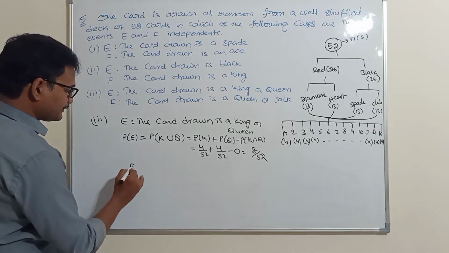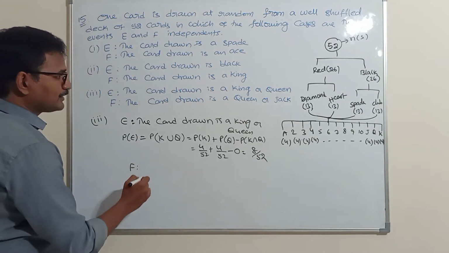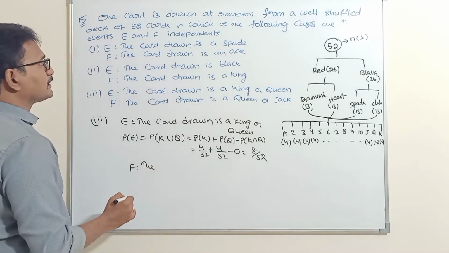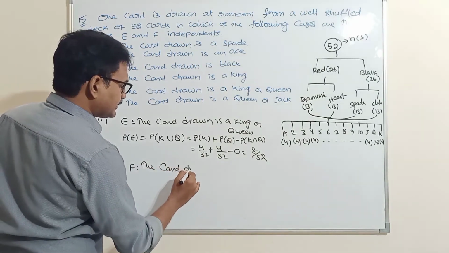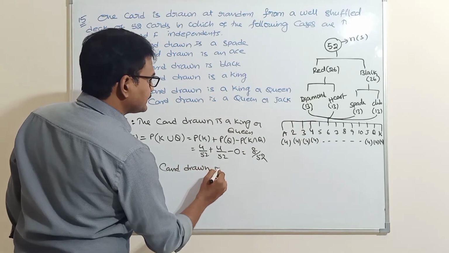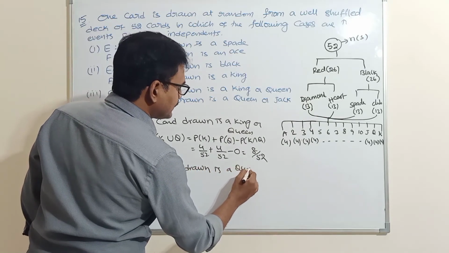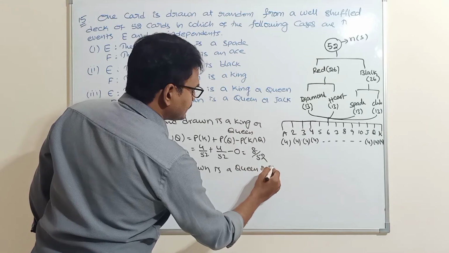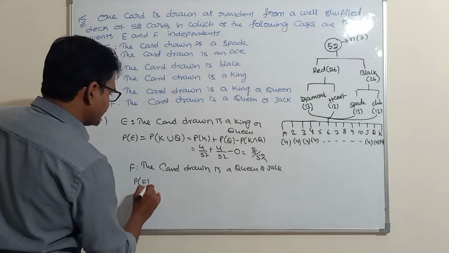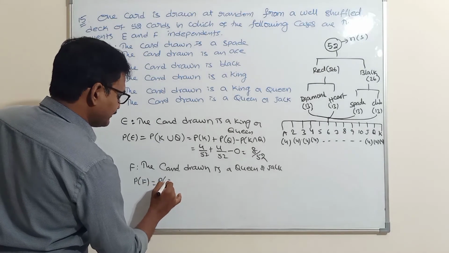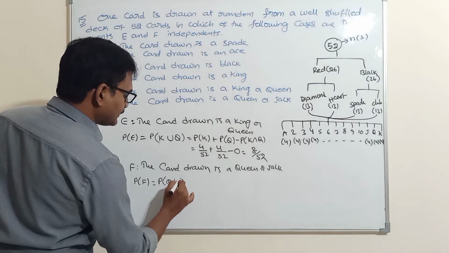Similarly, event F. What is event F? The card drawn is a queen or jack. So that means P of F. F means nothing but either queen or jack.